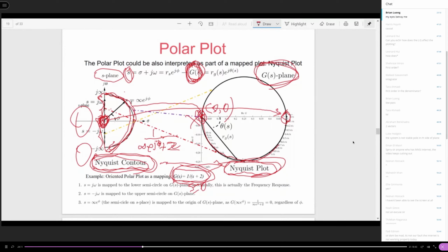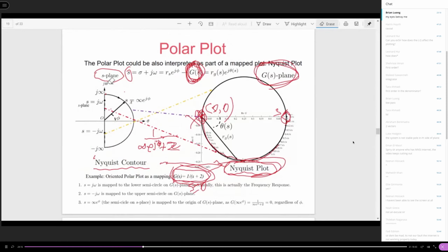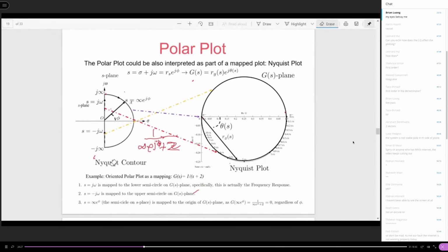Let me erase that to make it clear. You can see this is a 2. When S is taken on this semicircle, S equals infinity e to the j phi plus 2.